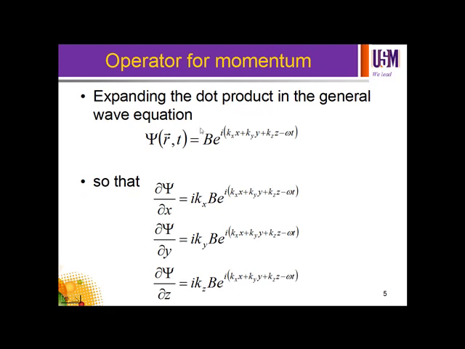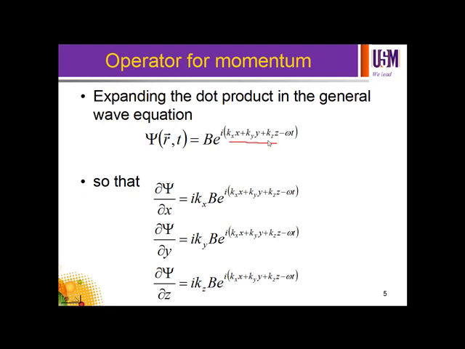Expanding the dot product in the general wave equation, the same equation, but now we expand the dot product of K and R, vector K dot product vector R. Since it is 3 dimensions, vector R is represented by x, y, z, and K by kx, ky, and kz.